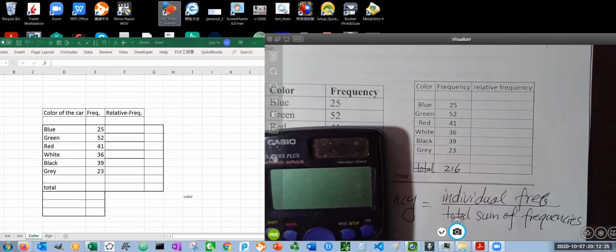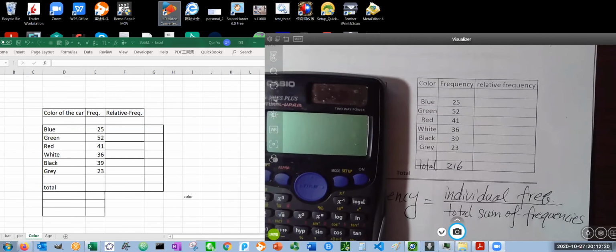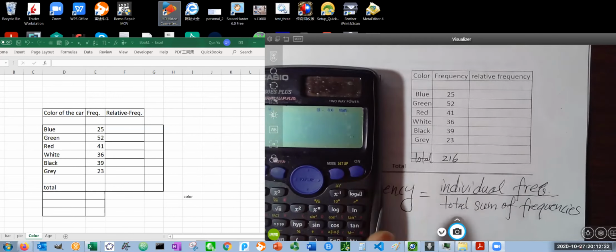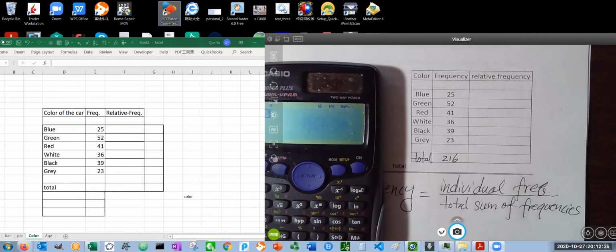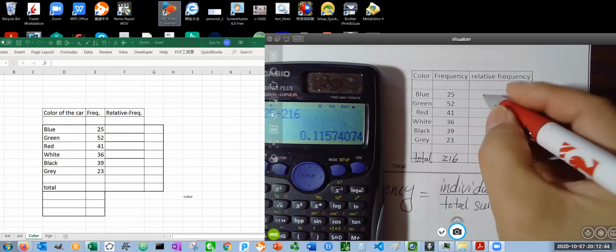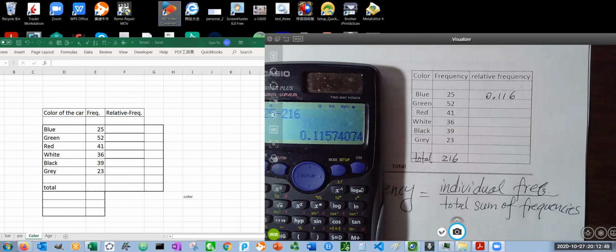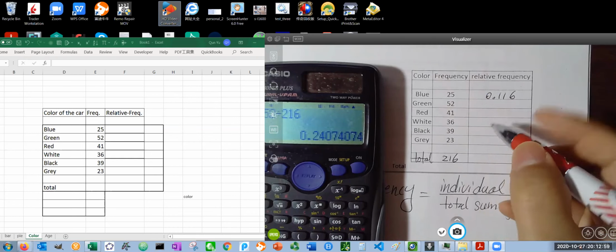They may require 2, maybe 4, who knows, but you just have to read the requirement. So the first one for us is 25 divided by 216. I need 3 decimal digits: 0.1157, so 0.116. And next one, 52 divided by 216: 0.2407, so 0.241.